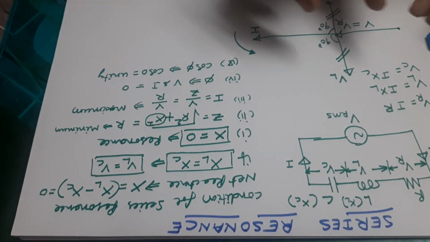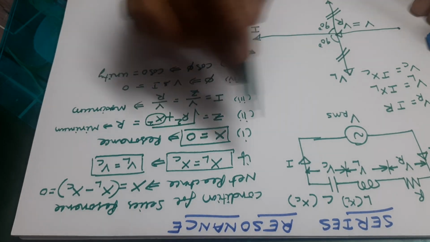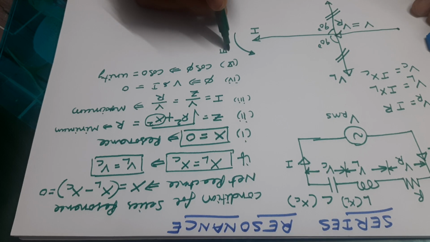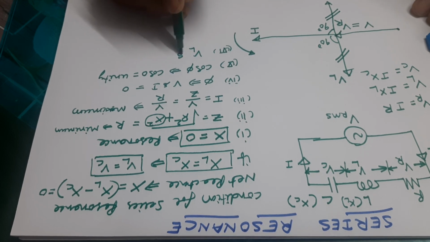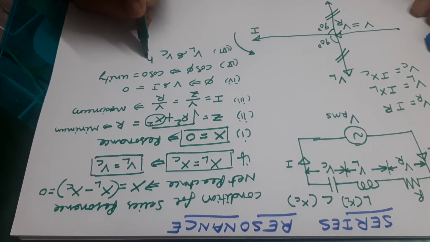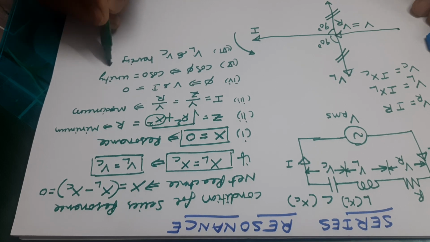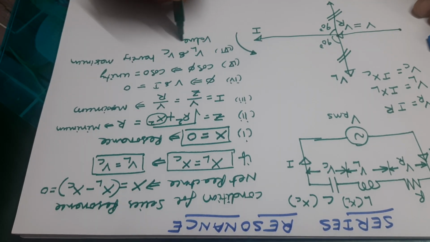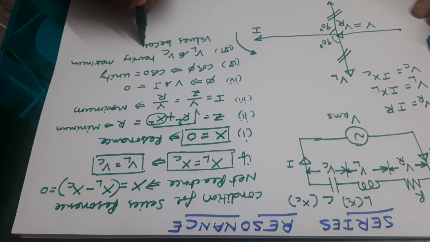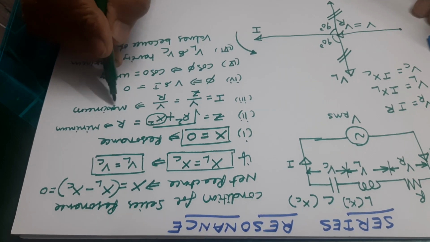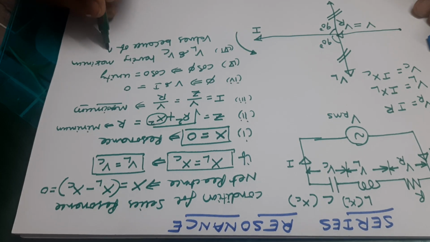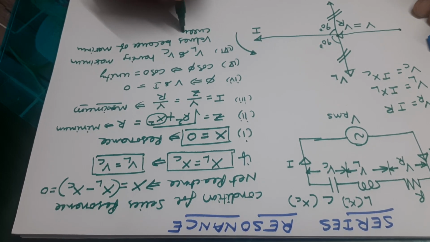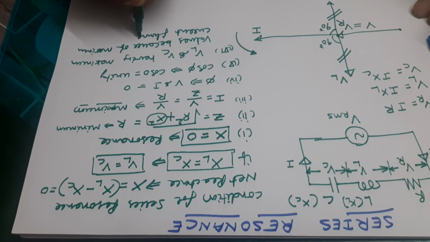And if you observe, the voltage drops across inductance and capacitance, that is VL and VC, have maximum values because maximum current is flowing through the circuit.